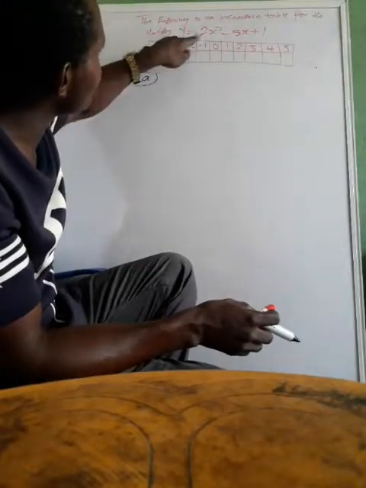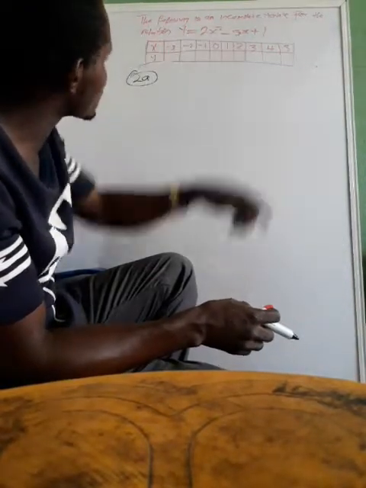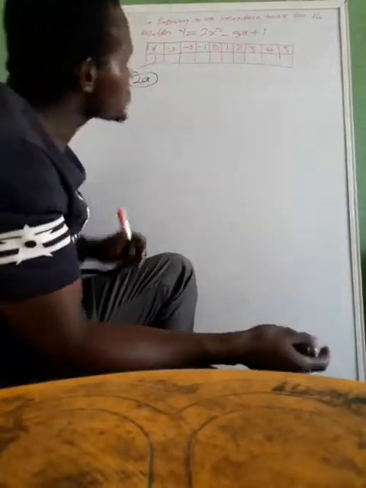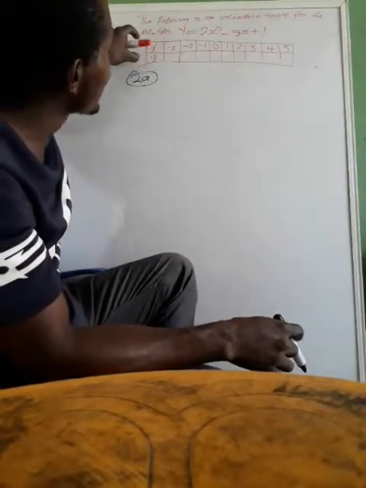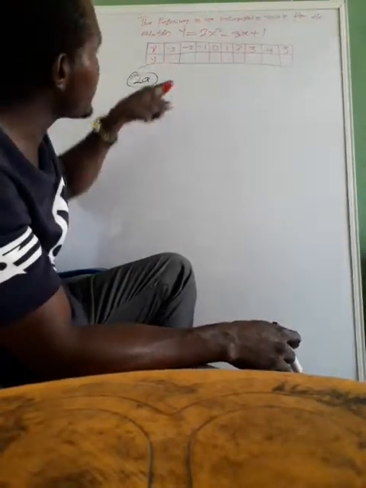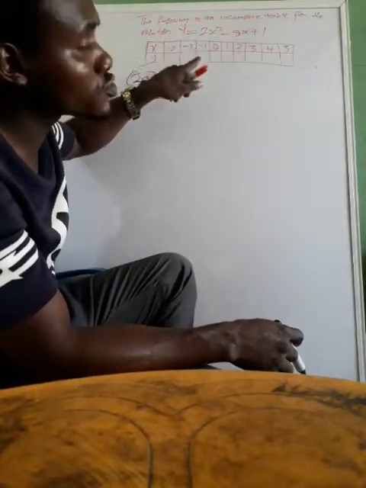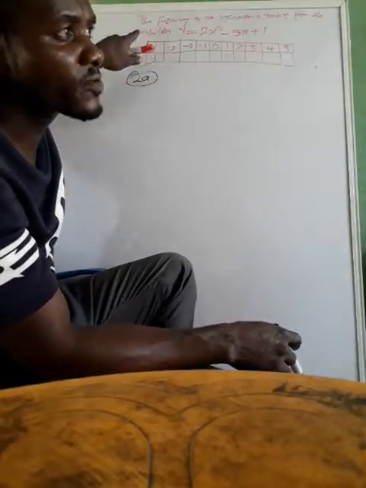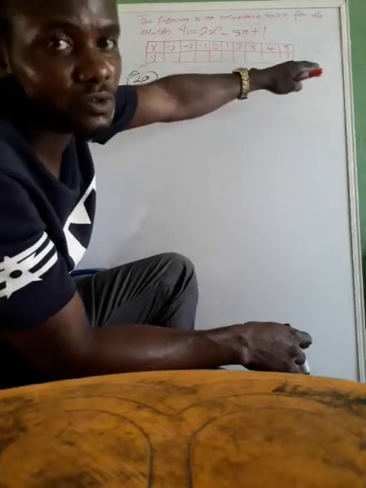Now look at this, y equals 2x squared minus 5x plus 1. You have already been given a range. So even if you are not given this table, and the question says that minus 3 is less than or equal to x, less than or equal to 5, this is the range I'm talking of. So this is how you bring it out with that range.